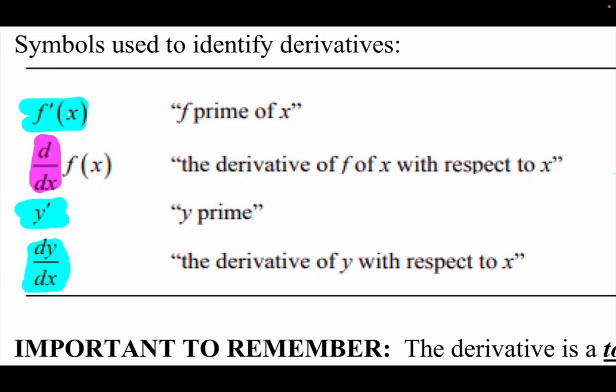Anytime you see a dy over dx or d over dx, that's from Leibniz. He liked using those things. Anytime you see a prime, that's from Newton. So that's why we use both.